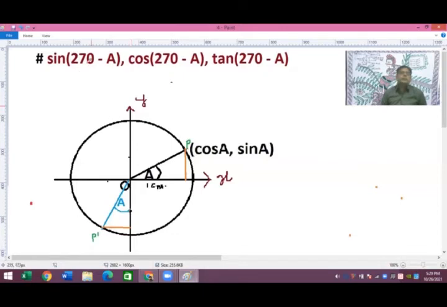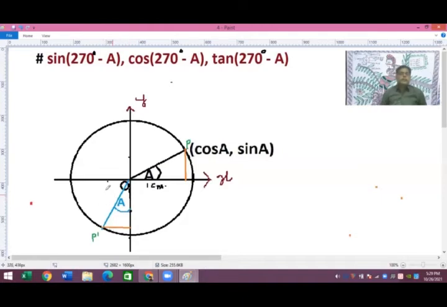But when we are talking of 270 degrees minus A, then definitely we are in the third quadrant, because we start from here and up to here we have 270 degrees, and minus A means it is A inside this third quadrant.